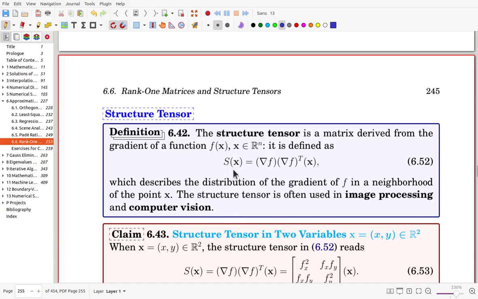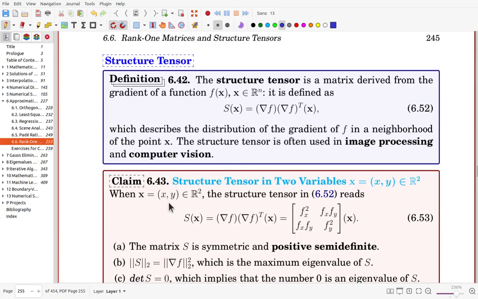It is defined in this way: S of x, the structure tensor, is the gradient of f times the gradient of f transpose. So it describes the distribution of the gradient of f in a neighborhood, and it is often used in image processing and computer vision.